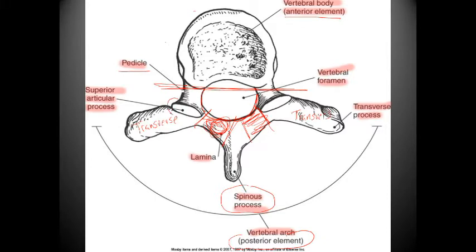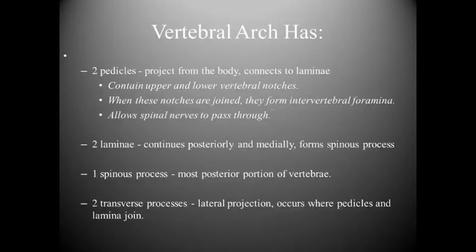Also, we have the superior articular process here bilaterally, and on the underside of it, we actually have the inferior articular process. So once we've seen this on a drawing, we notice that the vertebral arch has two pedicles which project from the body and connects to the lamina.